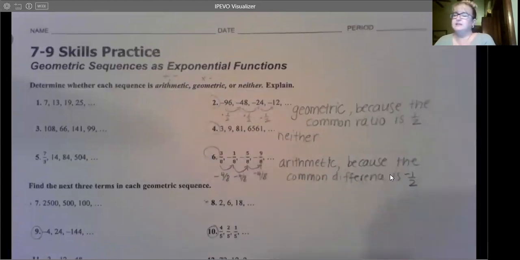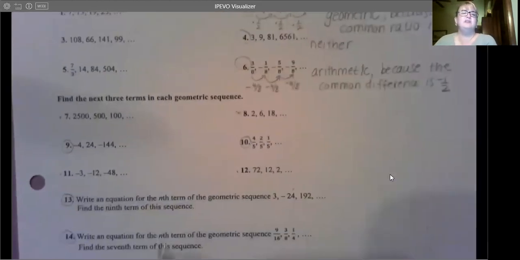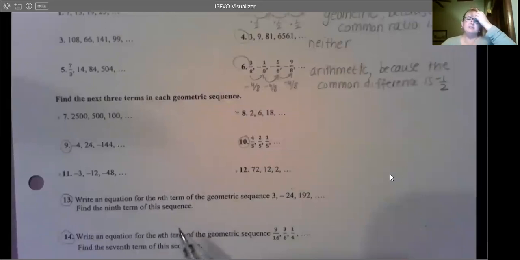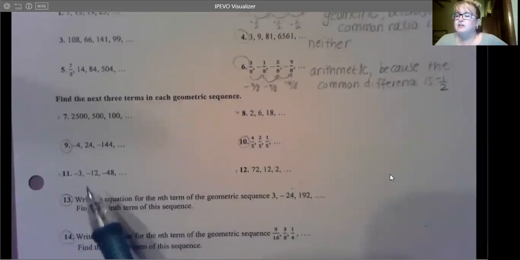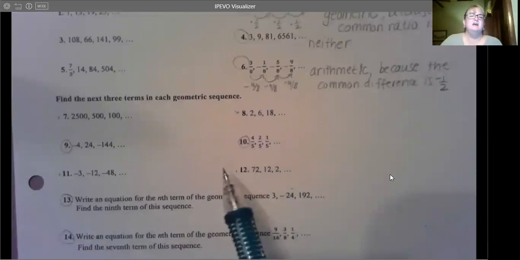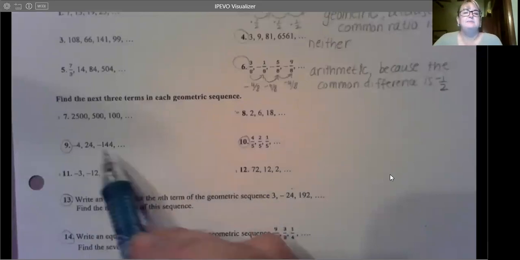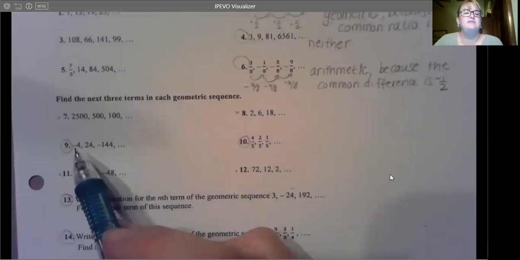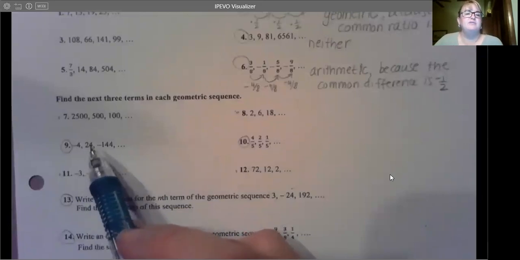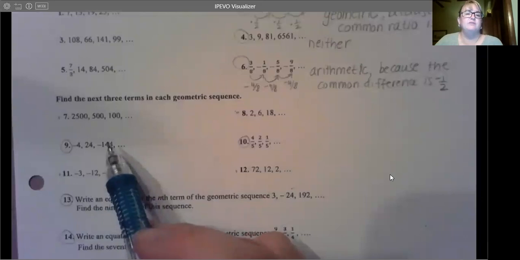All right, let's look at the second section, which is find the next 3 terms in each geometric sequence. Well, they tell us it's a geometric sequence, so it is multiplying or dividing by the same thing. All right, we are going to look at 9 and 10. So 9, -4, 24, -144.